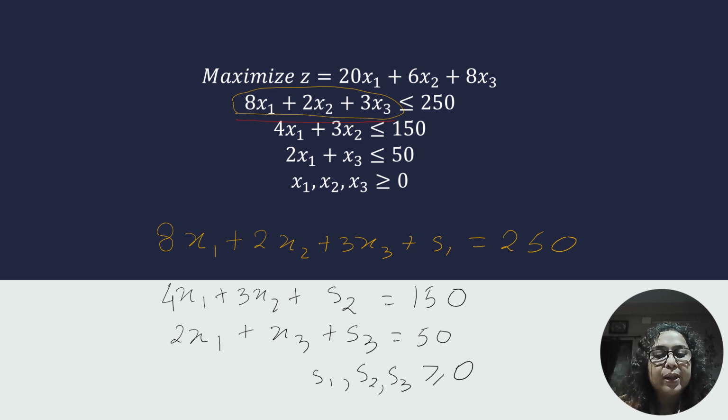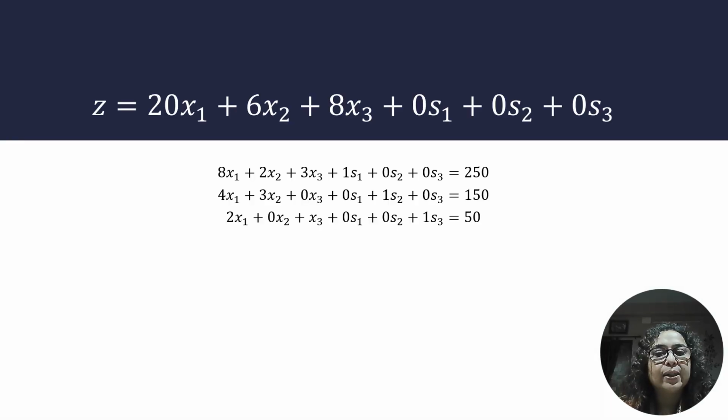So we get a set of equations. The set of equations look like this. So we have added all the slack variables. Here the coefficient is 0 because these two slacks are not applicable. Here only slack S1 is applicable, but we have written this so that we get a complete matrix.